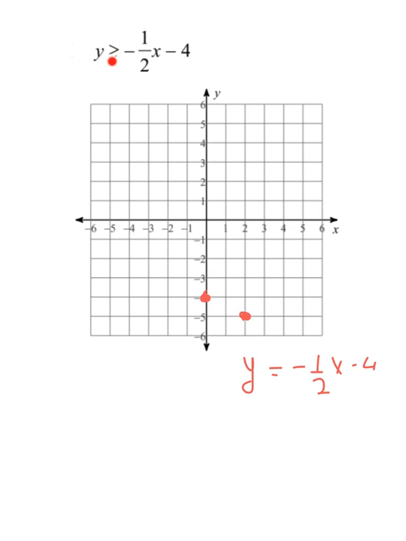Does this have an extra mark? Do I make the line dark? The answer to that is no. This is just a greater than sign. So if the answer is just greater than, then the line is dotted. So the line's going to look like this.